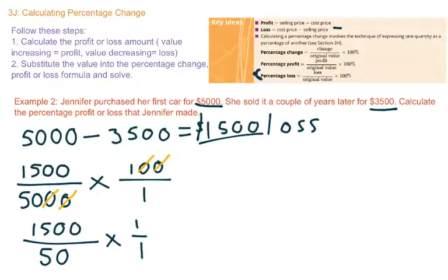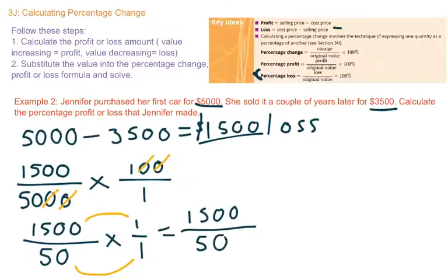So let's times our numerator by our numerator, which is 1,500 times 1, which is 1,500. And then we'll times our denominators by our denominators, which is over 50 times 1, which is 50. And from here, get your calculator out and type in 1,500 divided by 50, and the calculator should give you the answer of 30.